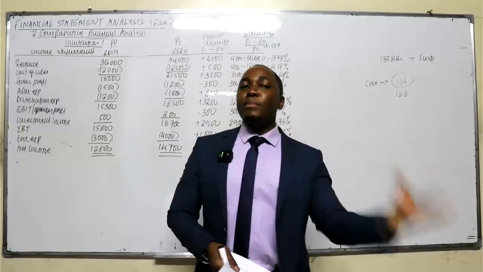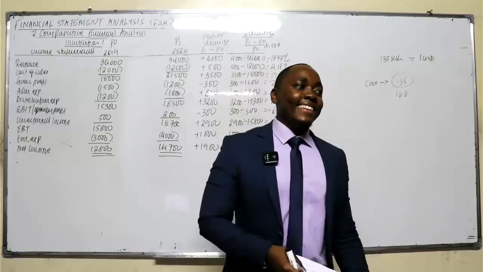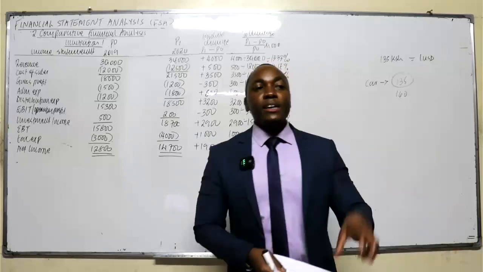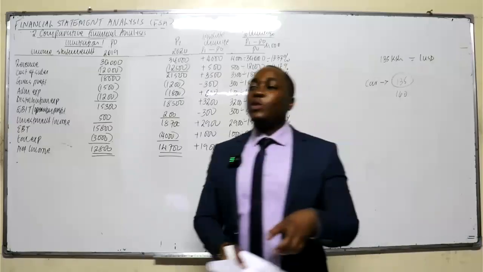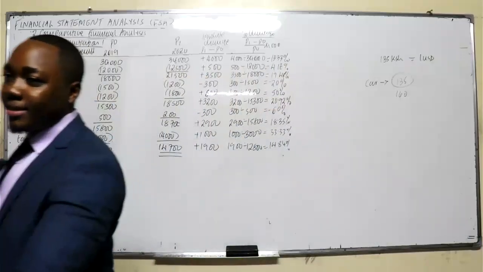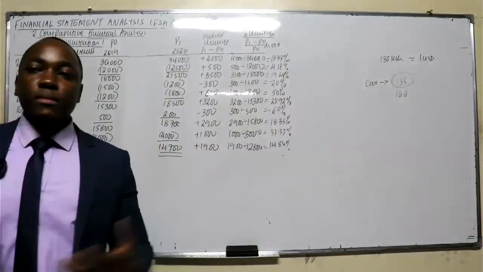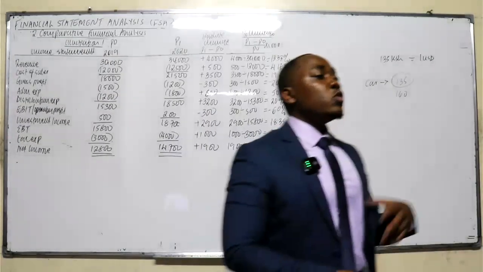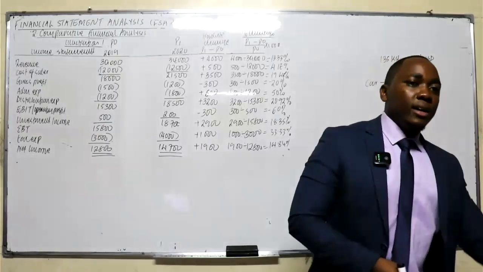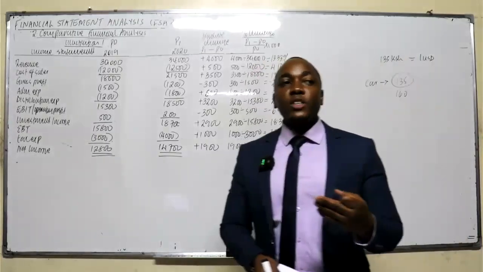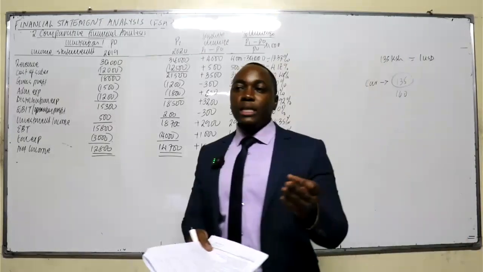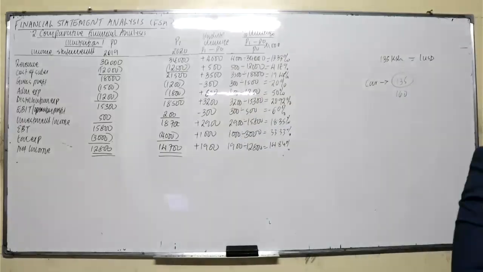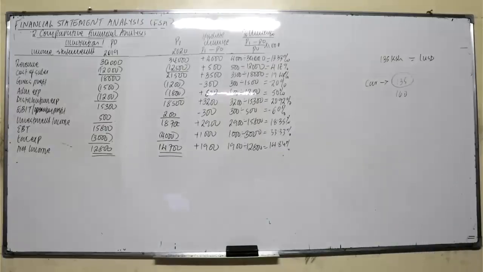Each ratio has its own advantage. For example, profitability indicates the ability of the company to generate returns. What about liquidity? It indicates the ability of the company to meet its short-term financial obligations. What about leverage or gearing? It indicates the level to which the company has used debt to finance its assets.